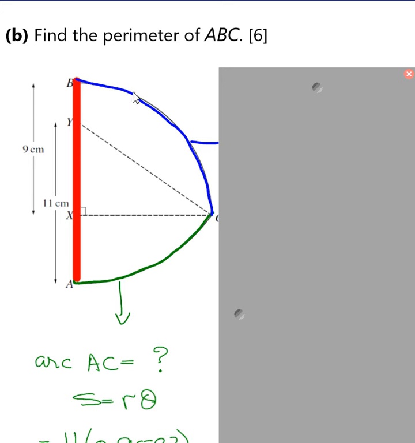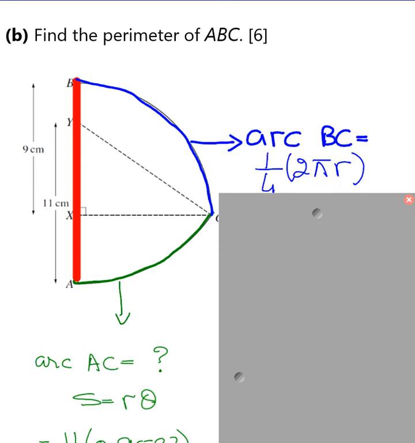Now we have to find this arc length. This we have already discussed. It's a quarter of a circle. So the circumference of a circle is what? 2 pi r. So 2 pi r divided by 4 will give you this arc length. Two pi r is the full circle, dividing it by 4 because it is a quadrant.